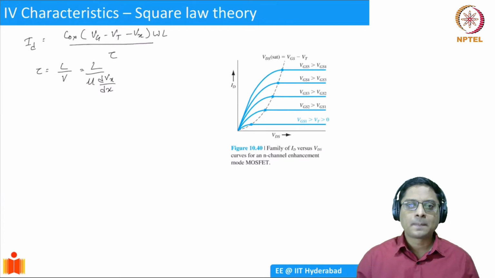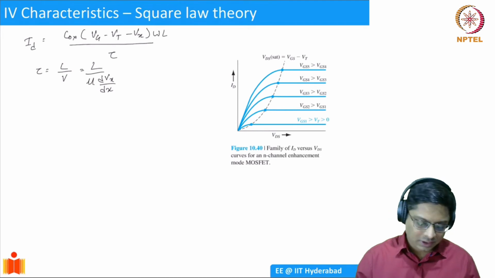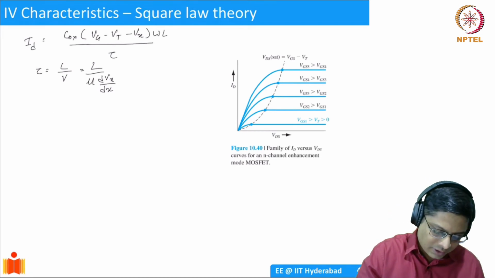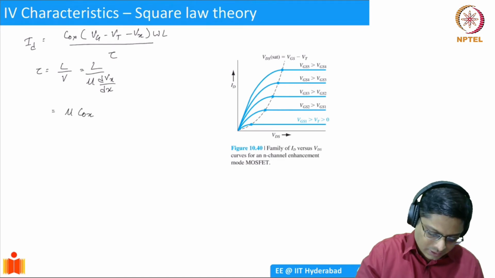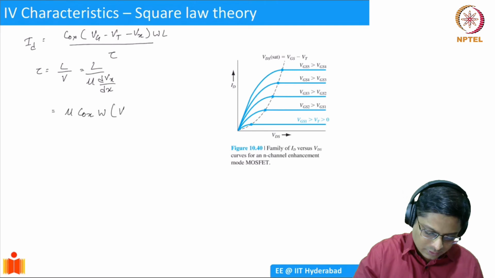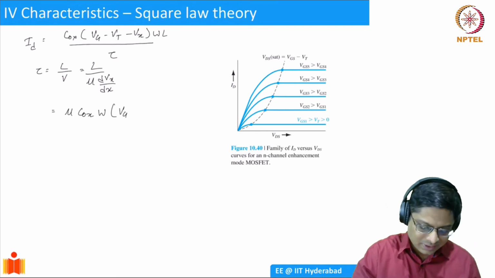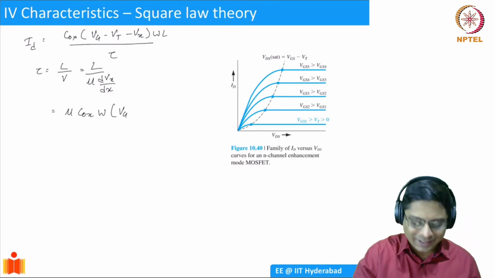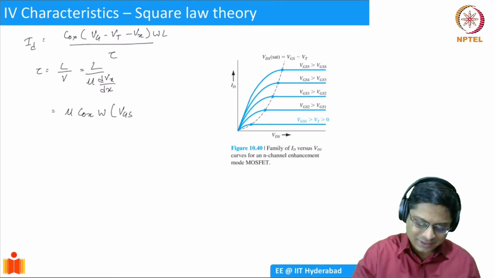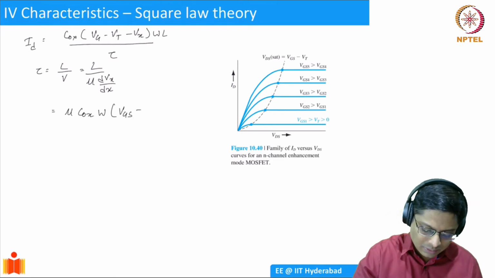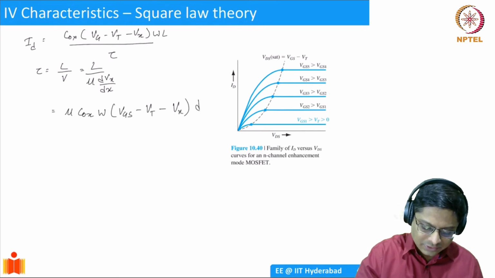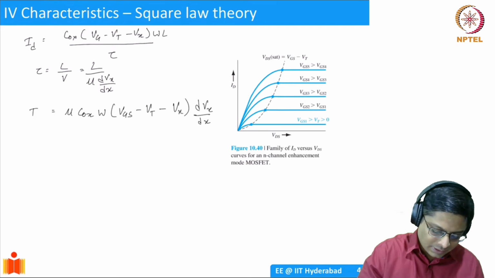We'll substitute this. If you substitute this, what do you get? Well, you get mu Cox W times VGS, just simply saying it's in reference to source, minus Vt minus Vx, times dVx by dx, equal to ID.